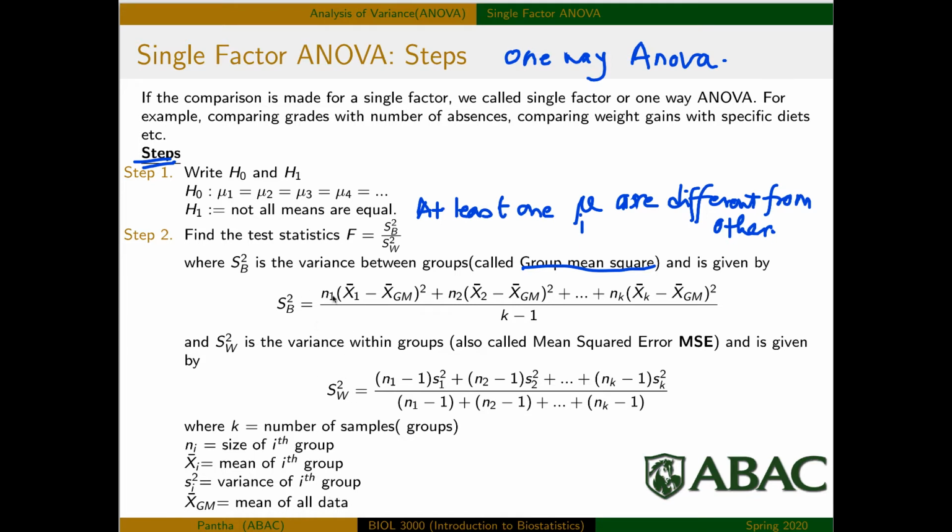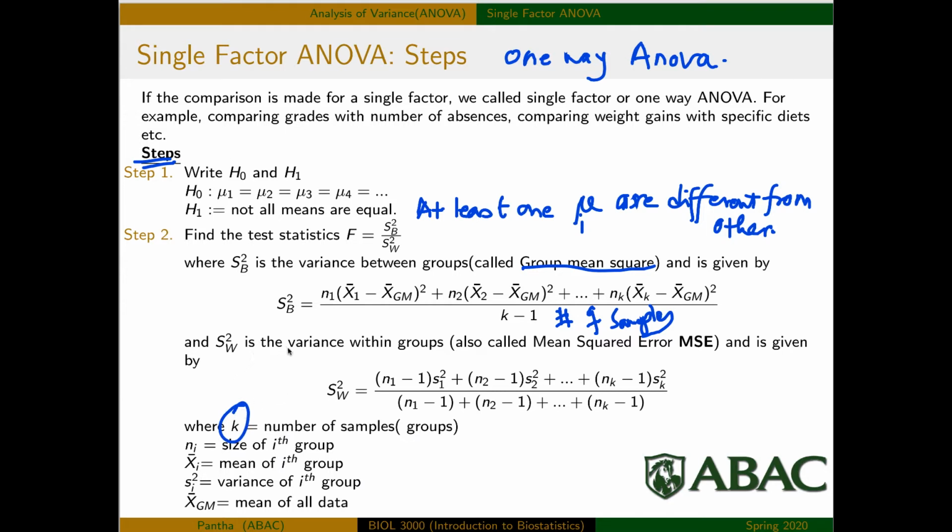So N1 is the size of the first sample, X1 bar is the sample mean of the first sample, minus the grand mean, and then square of that, plus N2 similarly, size of sample 2, mean of sample 2 minus the grand mean squared, plus, and then do that for each of the samples, divided by k minus 1. What is k? K is the number of samples, or number of groups.